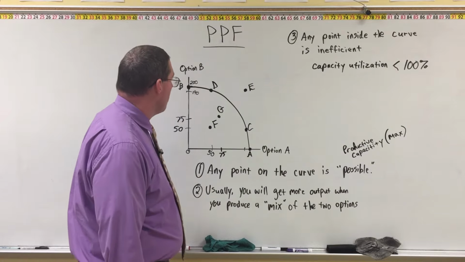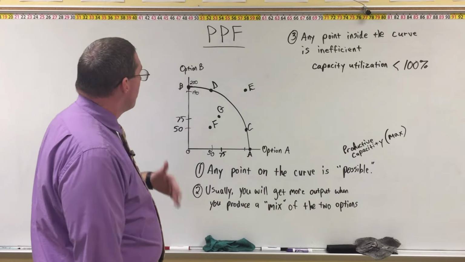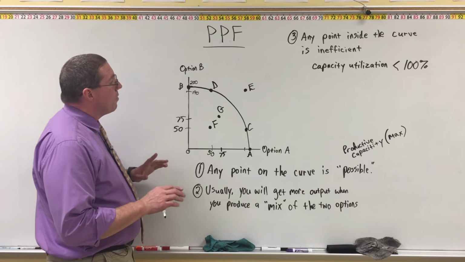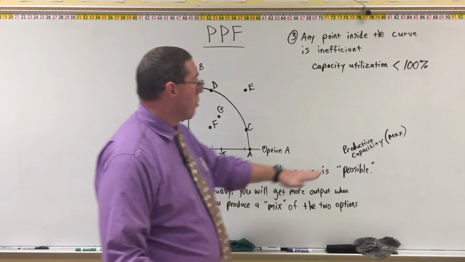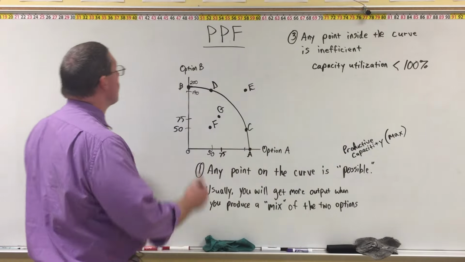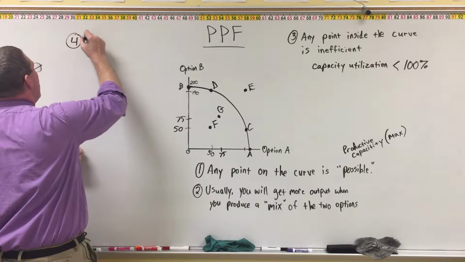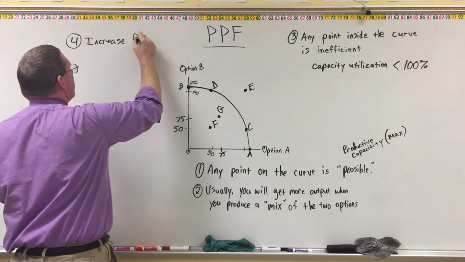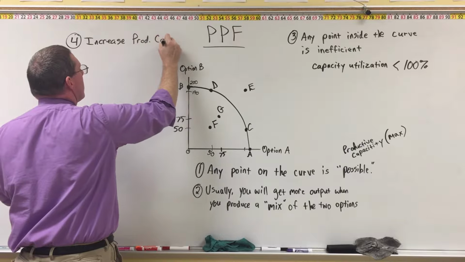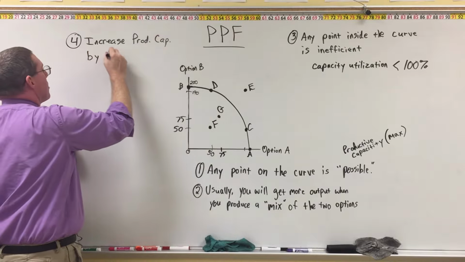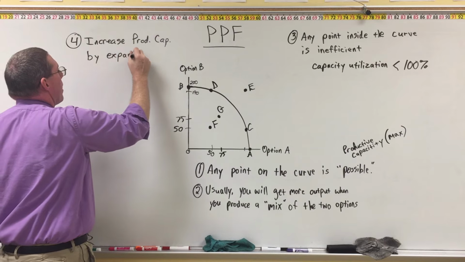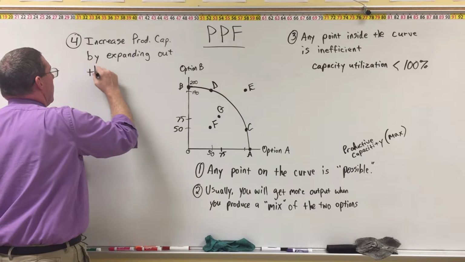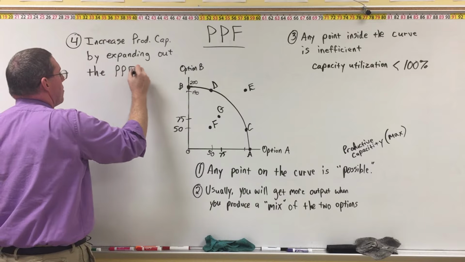And then the last thing that I want to talk about is that the production possibilities frontier is a great tool for understanding the idea of expanding productive capacity. How can we increase productive capacity? Well, we can increase productive capacity by expanding out the production possibilities frontier.